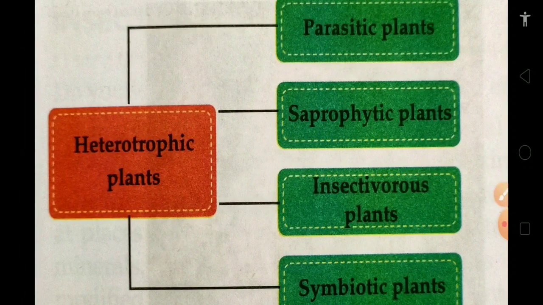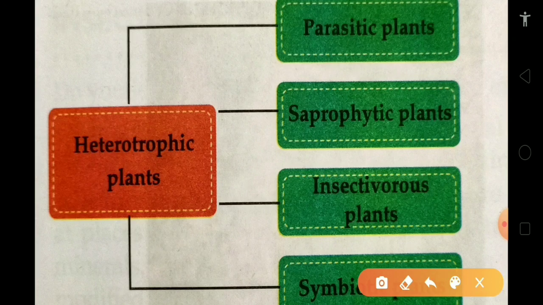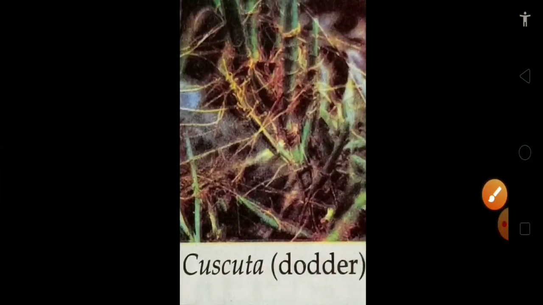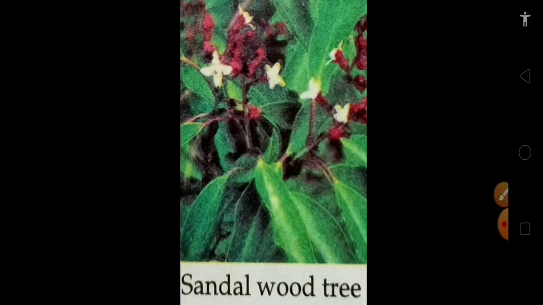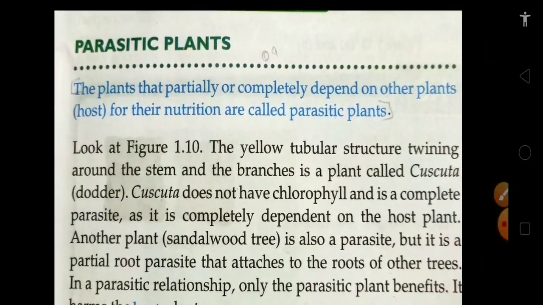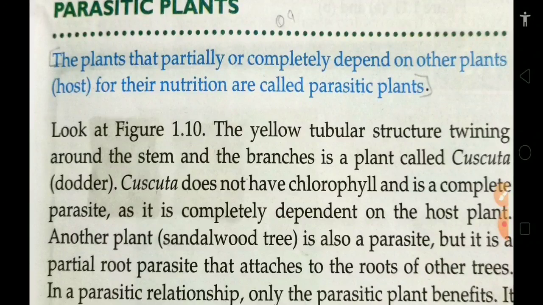See, heterotrophs depend on others. Further, heterotrophic plants are divided into parasitic plants, saprophytic plants, insectivorous plants, and symbiotic plants. Now first we will see the parasitic plants.